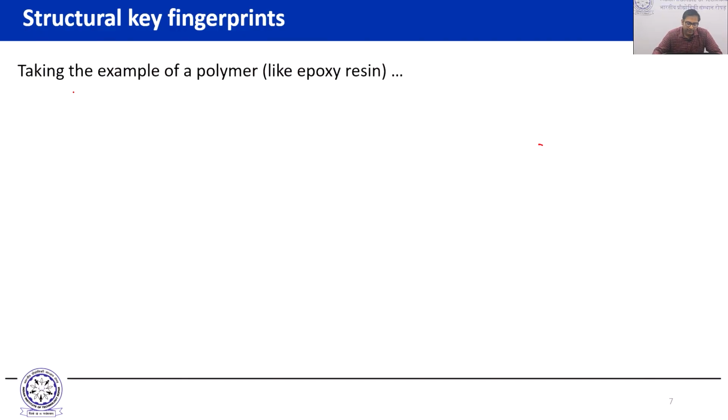So let us look at the structural key fingerprints with an example, and we'll take the example of epoxy resin, and then we will become a little bit more specific by saying that we are looking at DGEBA. It's a type of epoxy. It stands for diglycidyl ether of bisphenol A. So let's quickly write the structure for this.